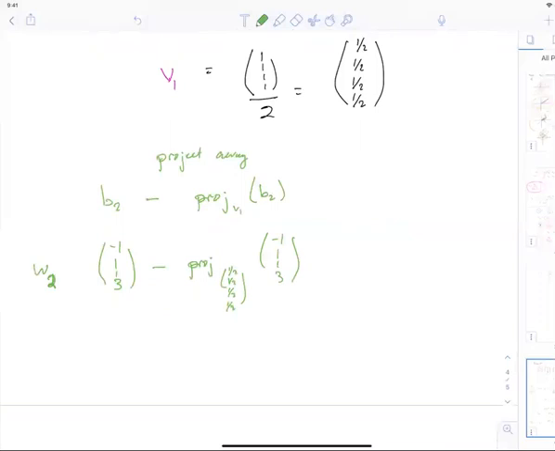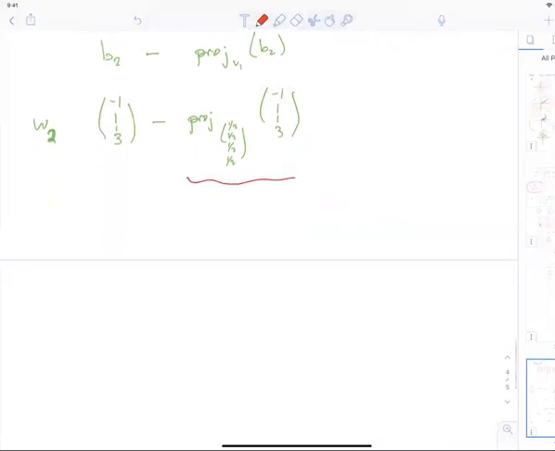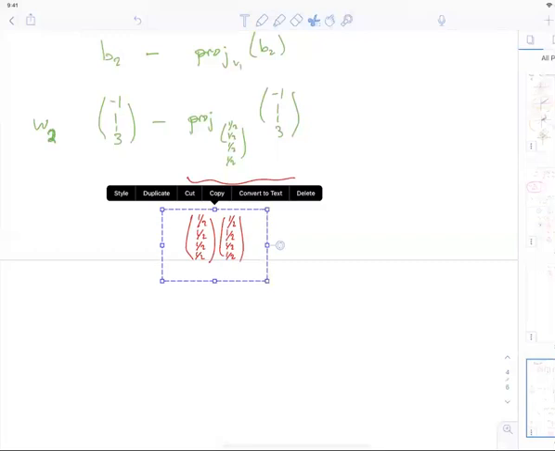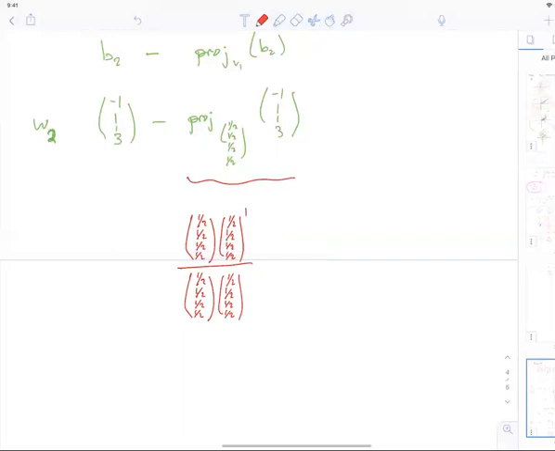This is kind of the hard part. We just need to figure out what this projection is. It's going to be 1/2, 1/2, 1/2, 1/2 times its transpose. I write it like this because I want to emphasize that this is how you can write it linear algebraically.